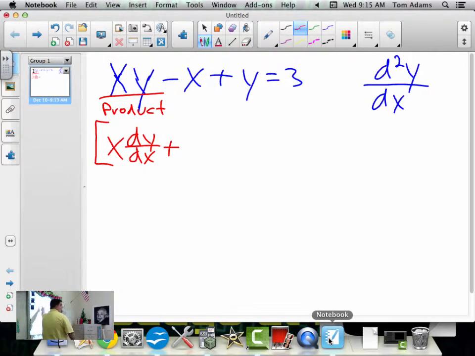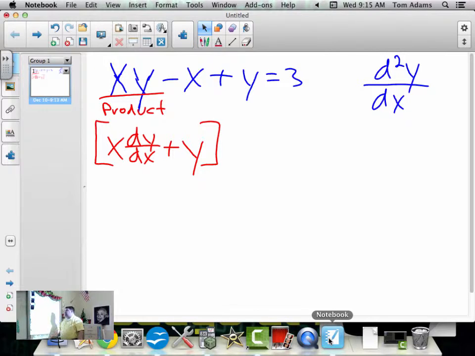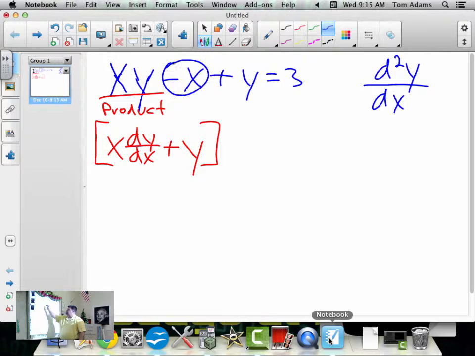What's the derivative of x? 1 times y. So that's the derivative of that. Everything else is kind of the same. So what's the derivative of this? Negative 1. And what's the derivative of this? Positive 1, but it's dy dx. And then what's the derivative of 3? 0.